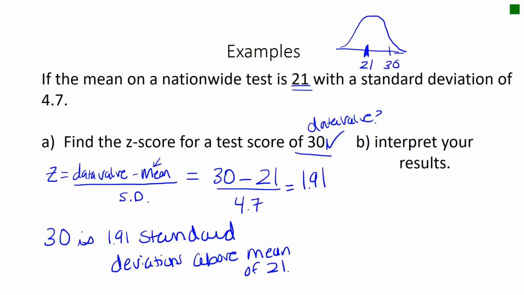We can see that 30 is not exactly 1, 2, or 3 standard deviations away from the mean, so we can't use the rule. To interpret your results, that score is 1.91 standard deviations above the mean.